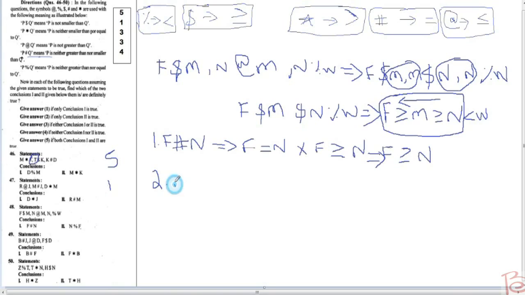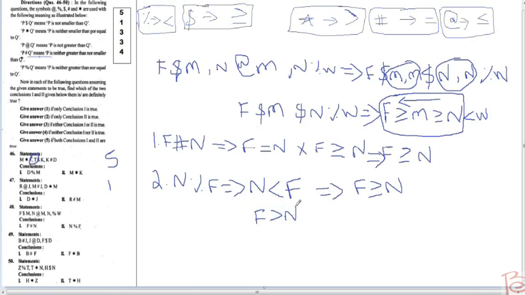Second statement, n percentage f. So that basically means n is less than f. We know for a fact from the previous question that f is greater than or equal to n, but in this conclusion they are telling us that n is less than f. So that means f is greater than n.